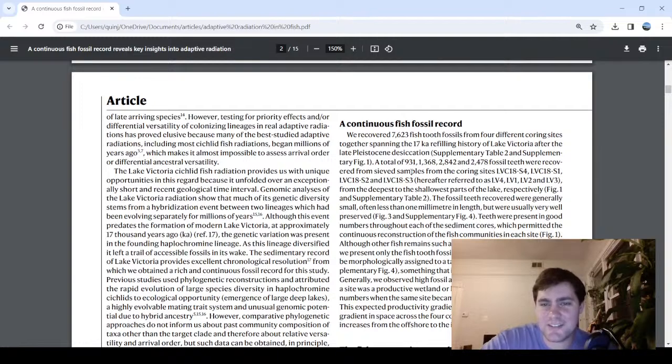That makes sense. 931, 1,368, and 2,842, and 2,478 fossil teeth were recovered from sieved samples from the coring sites, and here are the names of the 4 coring sites: LV4, LV1, LV2, and LV3.